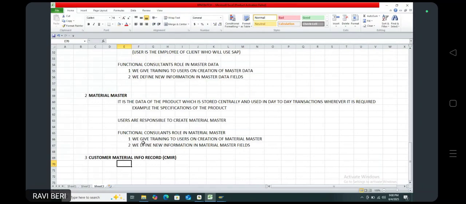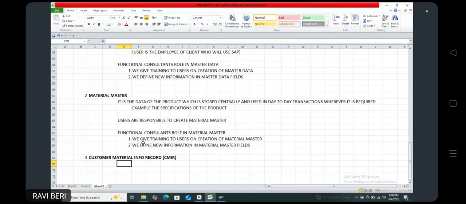So if any company wants to do business with Walmart, IKEA, then they will inform that they have their own material codes. If you accept that, then the company will send one team to the customer's place. Then the customer will also assign one product development team along with the company team.